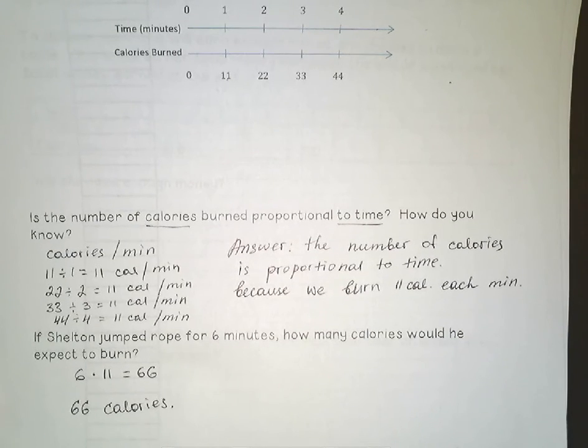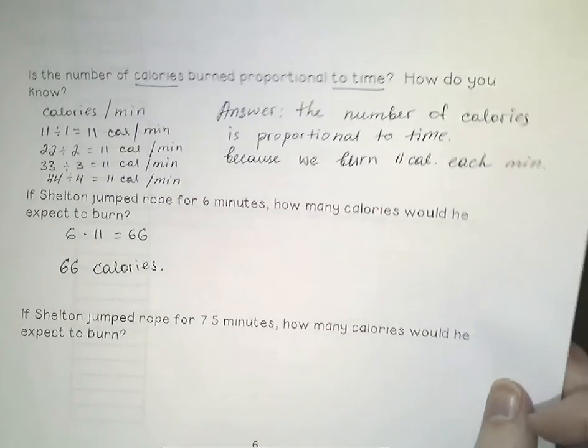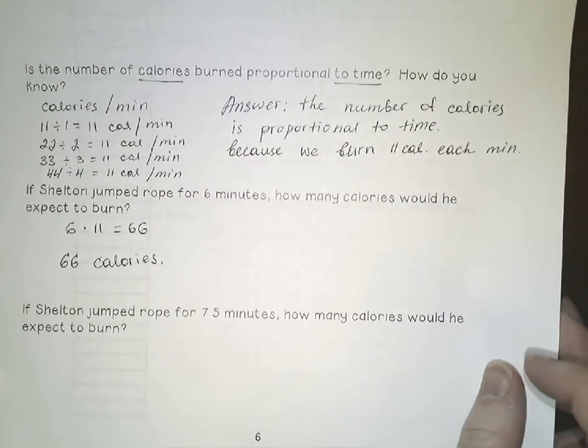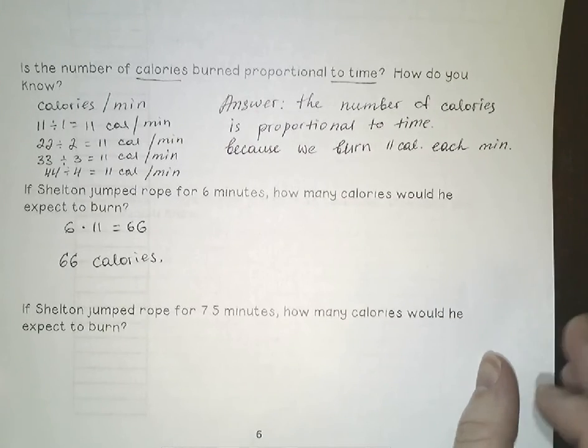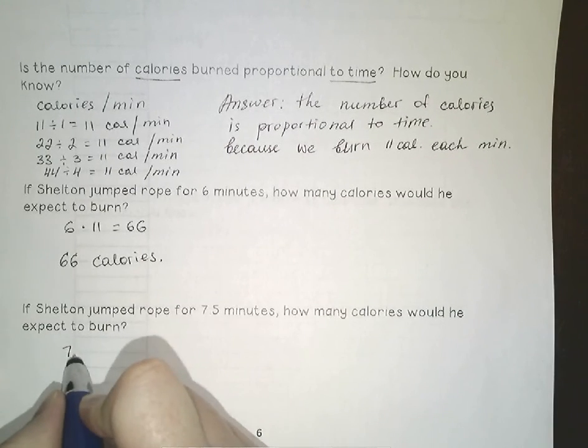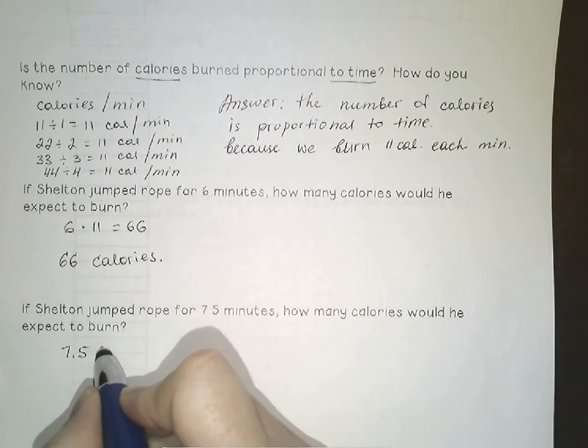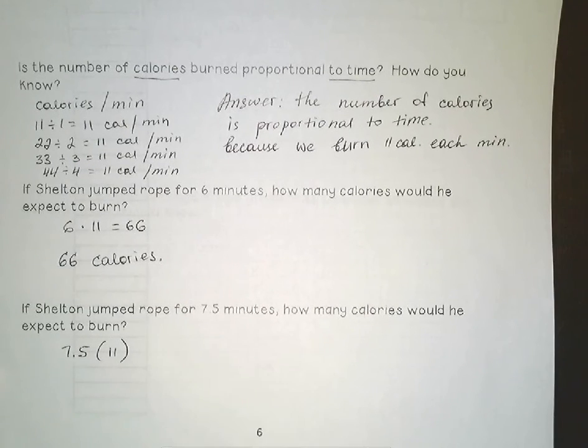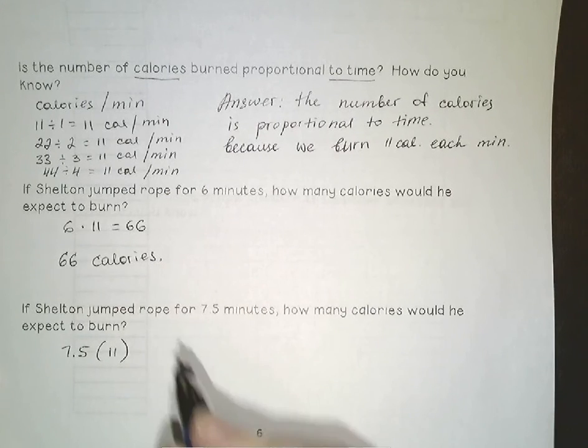If Shelton jumped rope for 7.5 minutes, how many calories would he expect to burn? Exactly the same way, we are going to multiply 7.5 minutes by 11. Notice I'm also writing 11 in parentheses. I don't have to show a multiplication sign to do the multiplication. So if I write it this way, you should know that I'm doing multiplication.